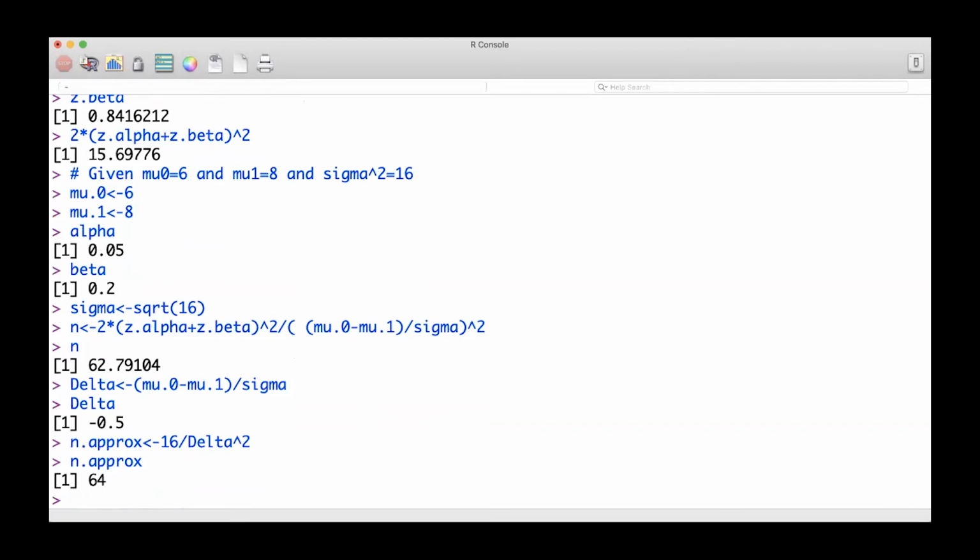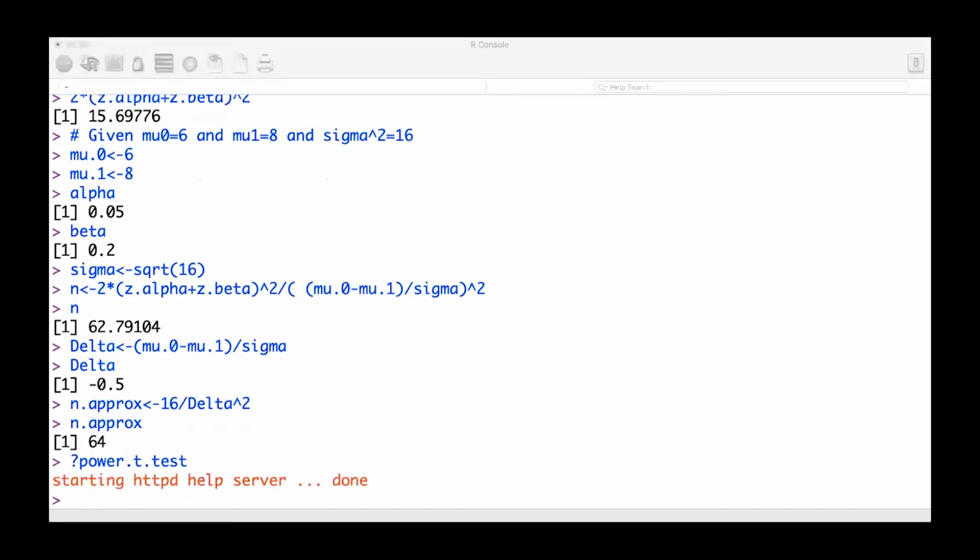And that's 64. So it's a difference of one patient. We have 63 here and 64 using our approximation formula. Now there is a function that's in the stats package. This is one of the base packages in R, and it's called power.t.test.